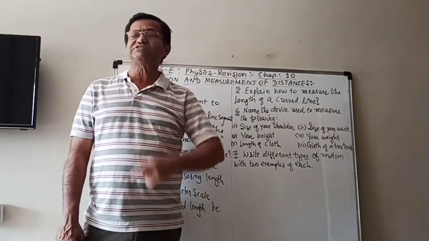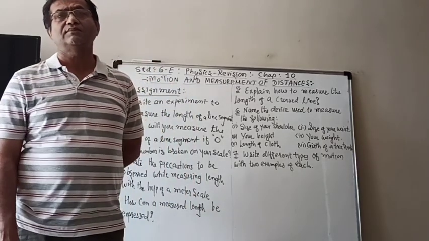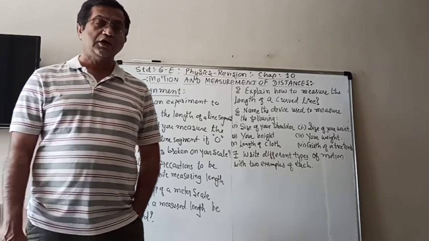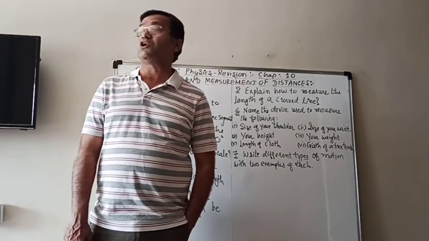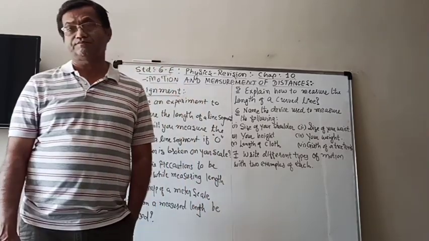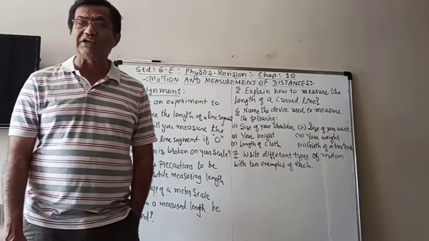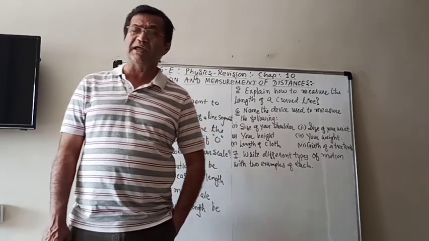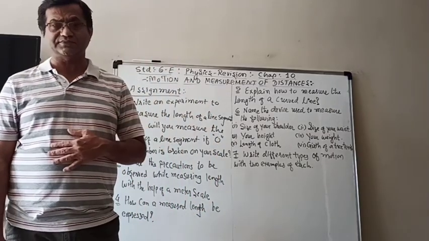Now sometimes you see that in some meter scales, suppose your zero number is not readable or it is broken, then how will you measure the length of the line segment or any object?